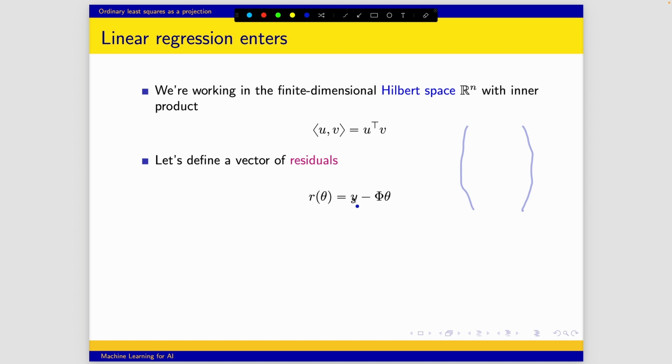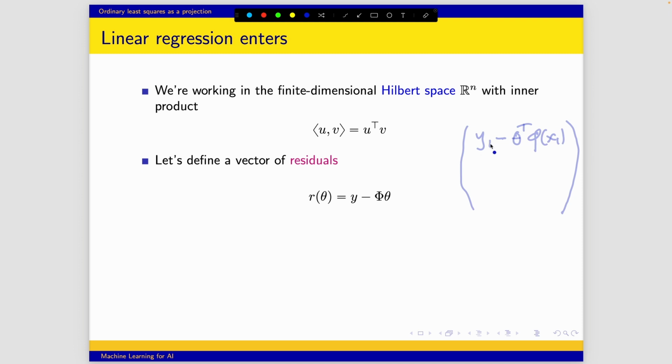So it's going to be the first component of y, y1, minus the first component of this, which is going to be theta transpose phi, a vector of basis functions at x1.